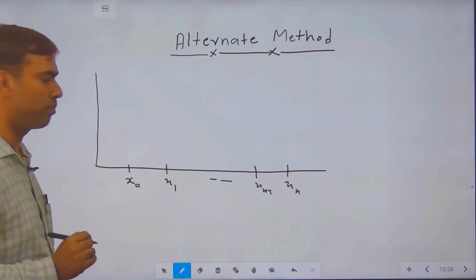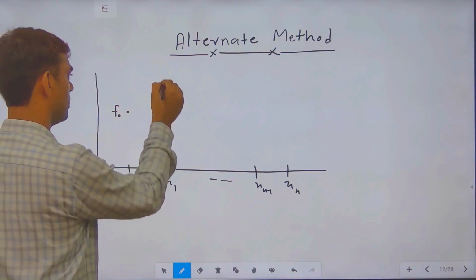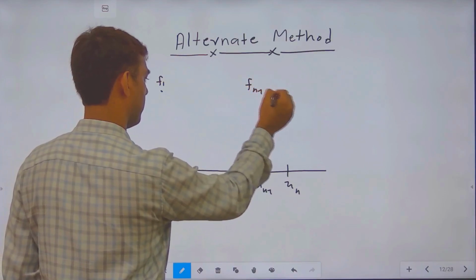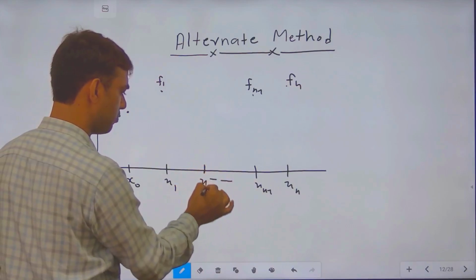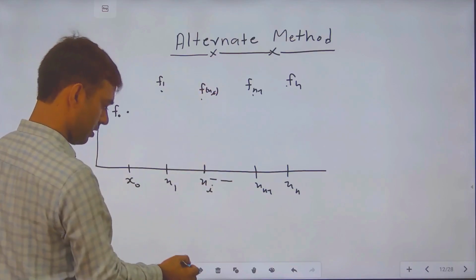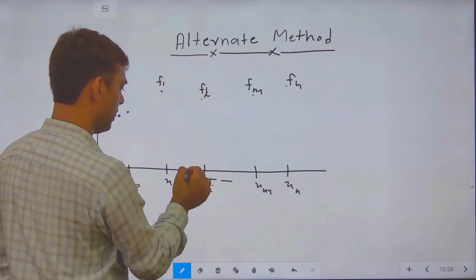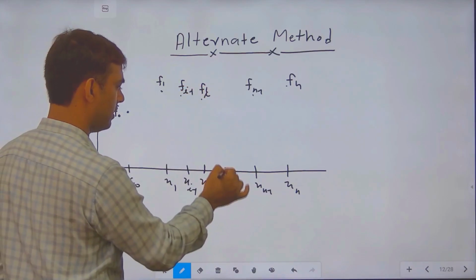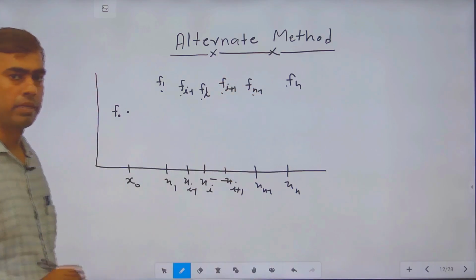There are n plus 1 nodes, and the corresponding values of the function are f0, f1, f_{n-1}, and f_n. For the sake of simplicity here we write another point x_i, and the value is f(x_i), which with similar notation we write as f_i. Before x_i there is x_{i-1} with function value f_{i-1}, and after x_i another node x_{i+1} with value f_{i+1}.